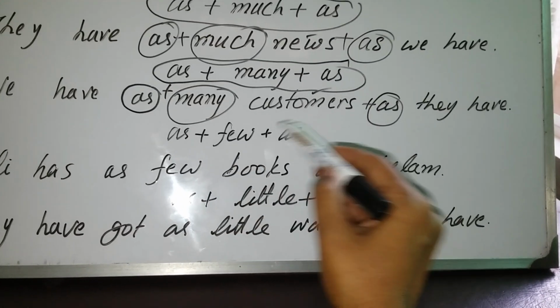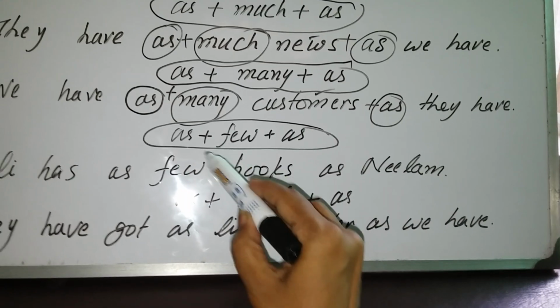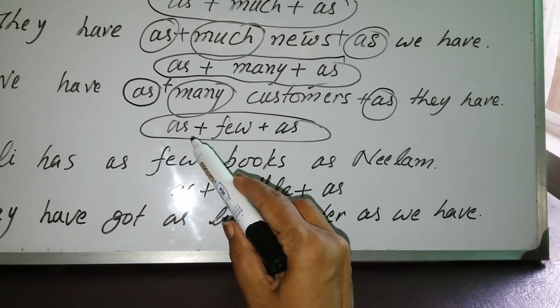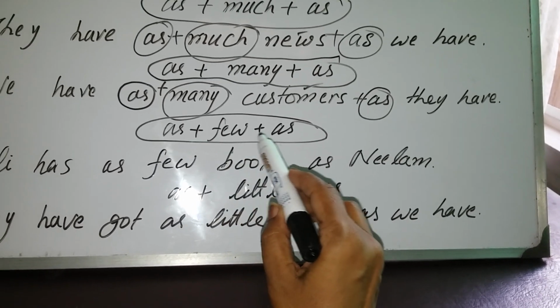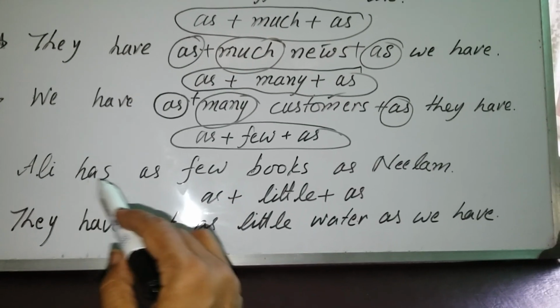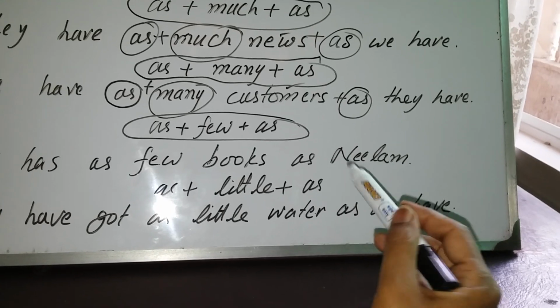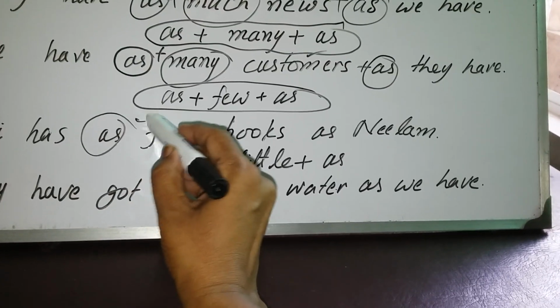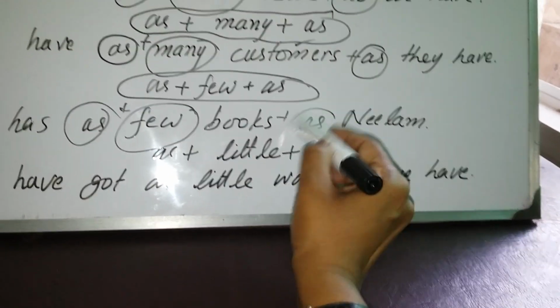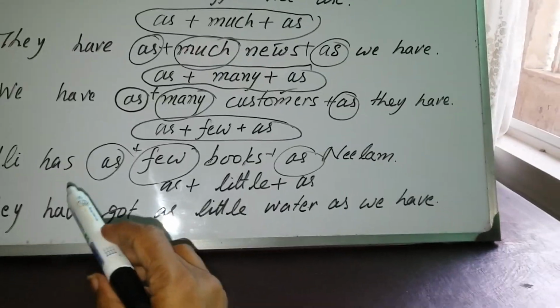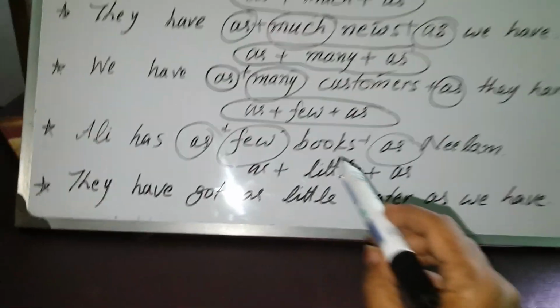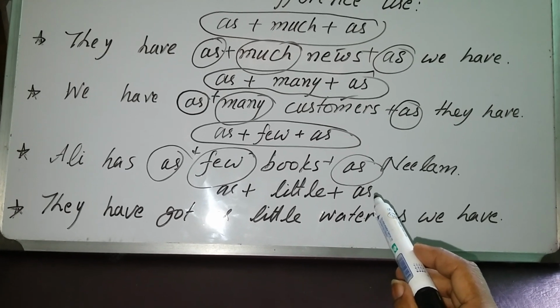The next one, as plus few plus as. Ali has as few books as Neelam. As plus few plus as. Ali has as few books as Neelam.